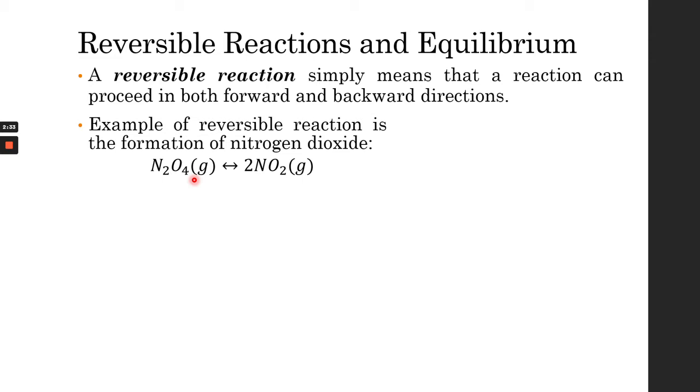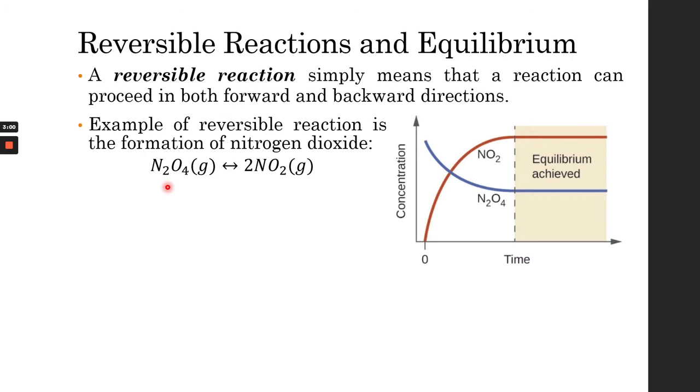You can have a chemical reaction that goes back and forth between reactants and products. One example is the formation of nitrogen dioxide, NO2, wherein from dinitrogen tetroxide we can make 2 moles of NO2, and from 2 moles of NO2 we can make 1 mole of N2O4. So if we graph that, this is what is happening.